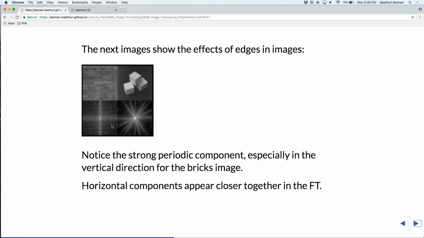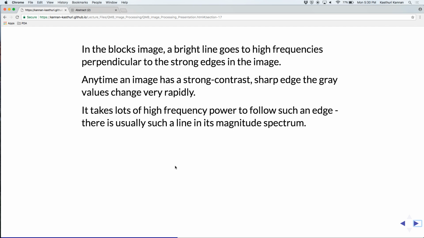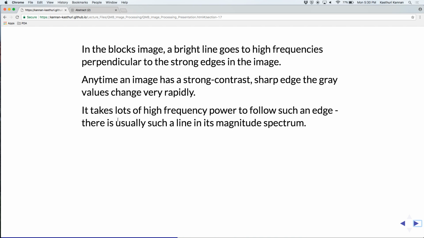So for instance, look at this. It has strong periodic components. This is an image of a brick, and you have strong periodic components here. That's because when you have these kinds of contrasts, the Fourier transform changes automatically. When you have these lines, these edges, the Fourier transform is going to immediately have those components in there.